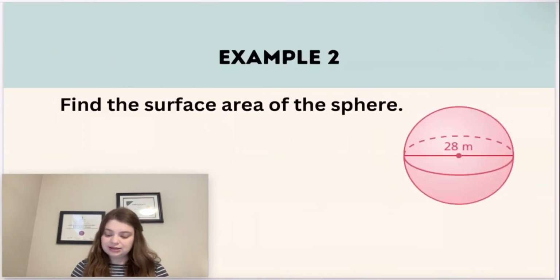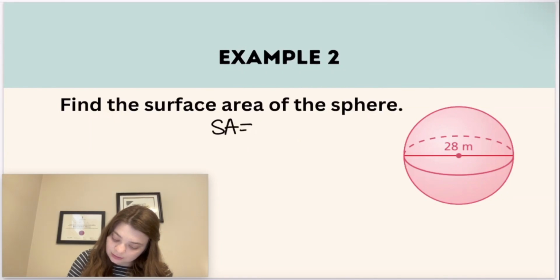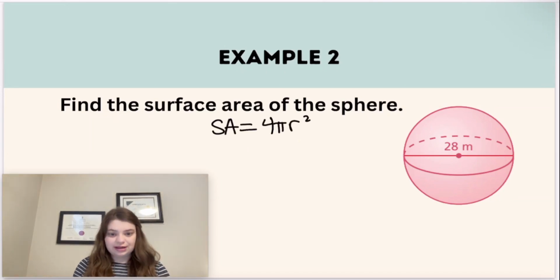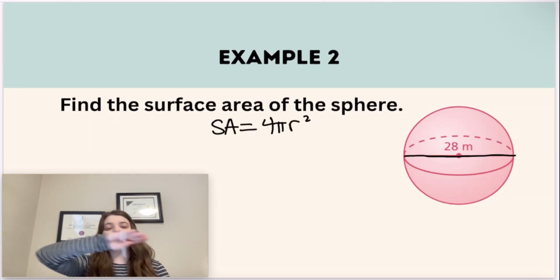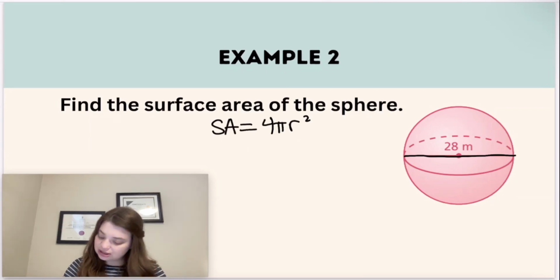All right, let's move on to this second example. Find the surface area of the sphere. So once again, surface area is equal to 4 pi r squared, where r is the radius. Now in this case, notice that this distance here from one side to the other is the full diameter because it goes the full way across. The radius is just half of that.